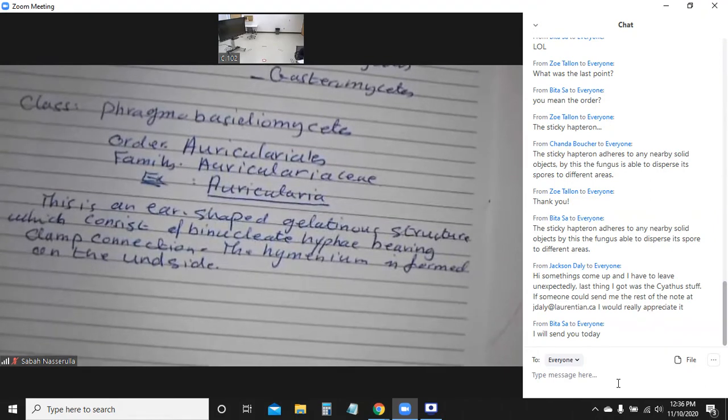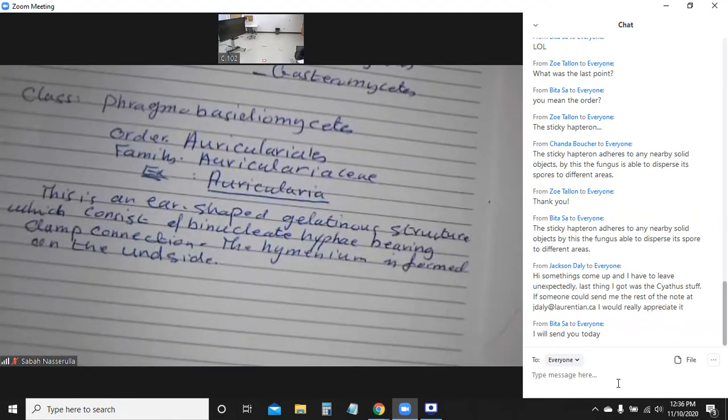Now I'm going to explain, because as I showed you, in this fungus the basidium is fragmented.